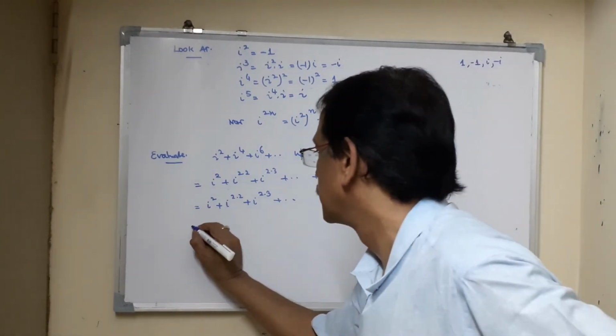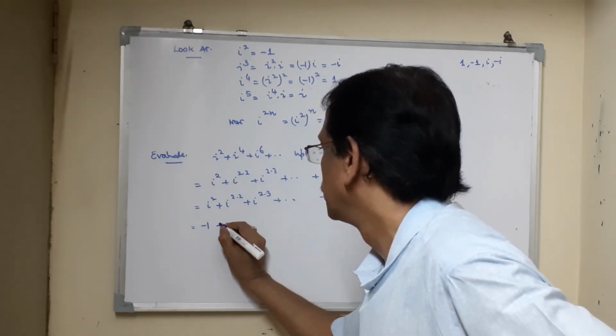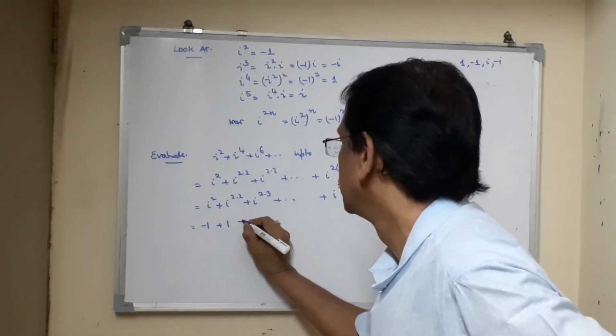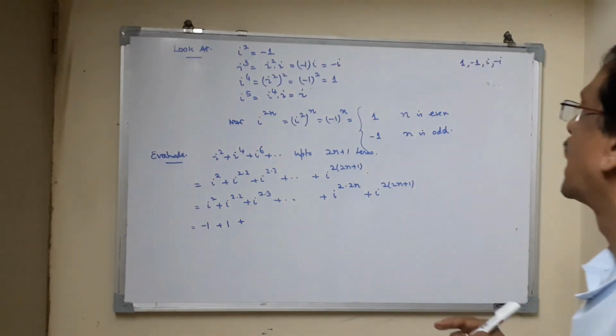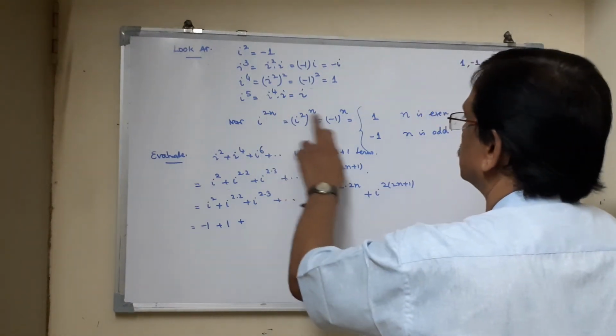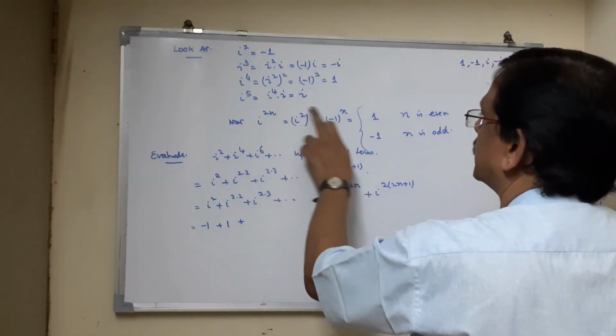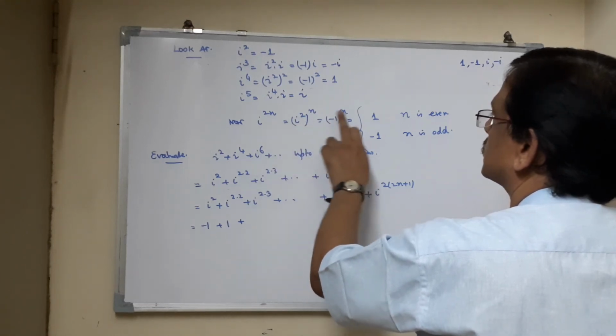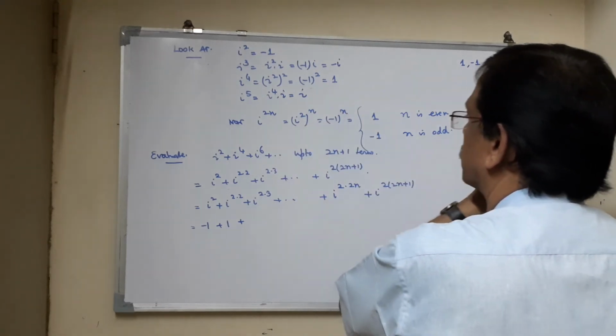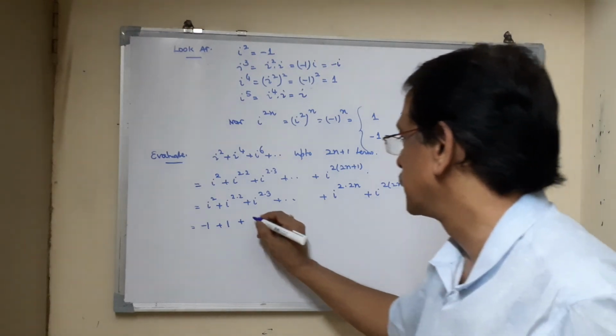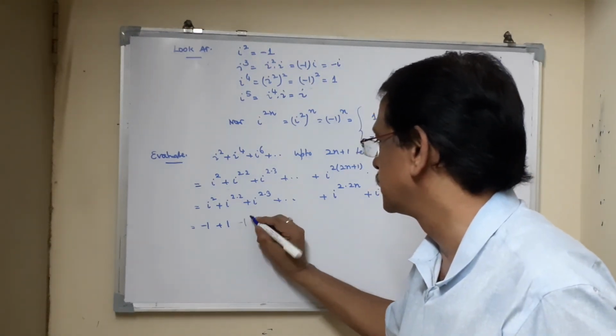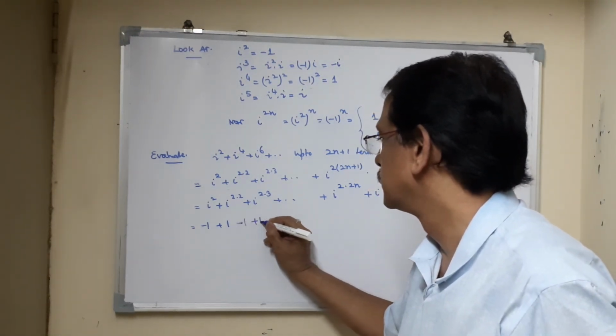What is i square? Minus 1. I power 4 is plus 1. I power 6, that is n equal to 3, so you will get minus 1. So minus 1 plus 1, minus 1 plus 1.